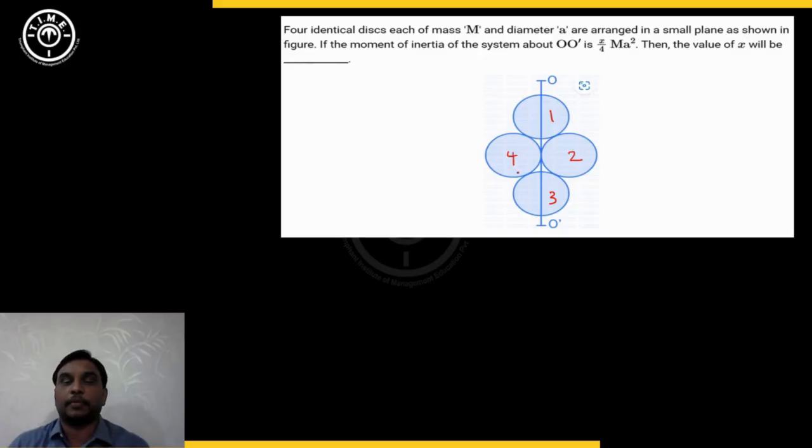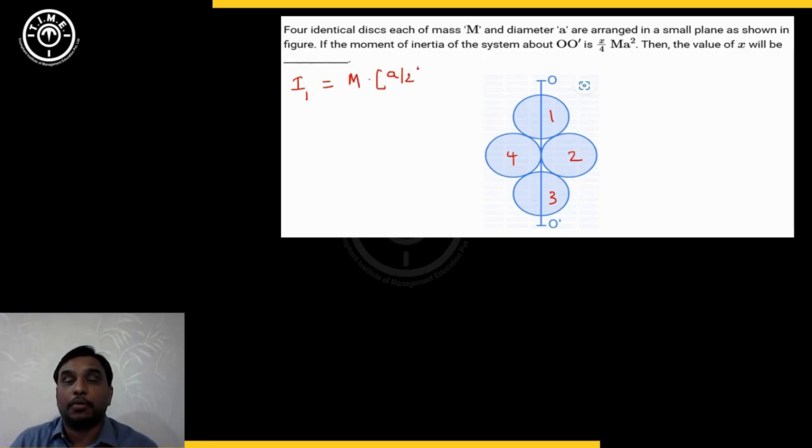Let me calculate the moment of inertia of each disc about the given axis. I1 is the moment of inertia of the first disc. For the first disc, the given axis is the diameter. For a disc, you already know this is mr square by 4. But the diameter is given as a, so the radius is a by 2.